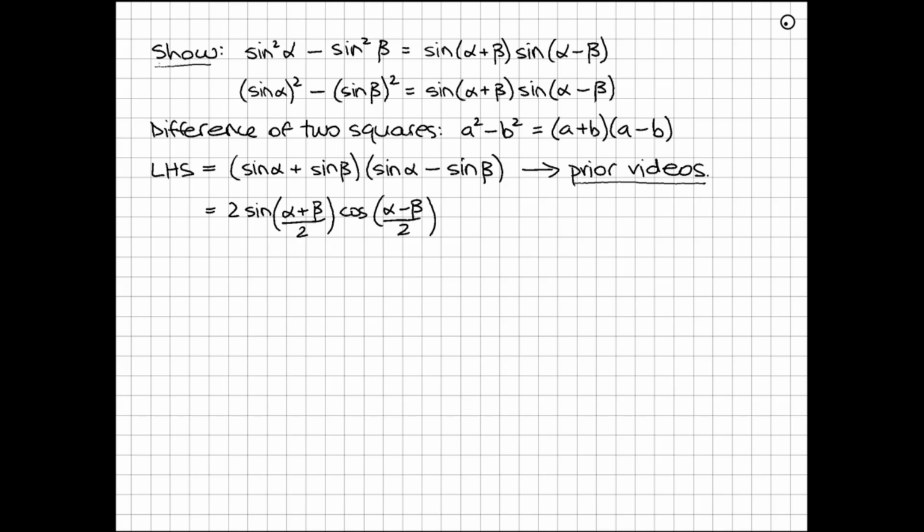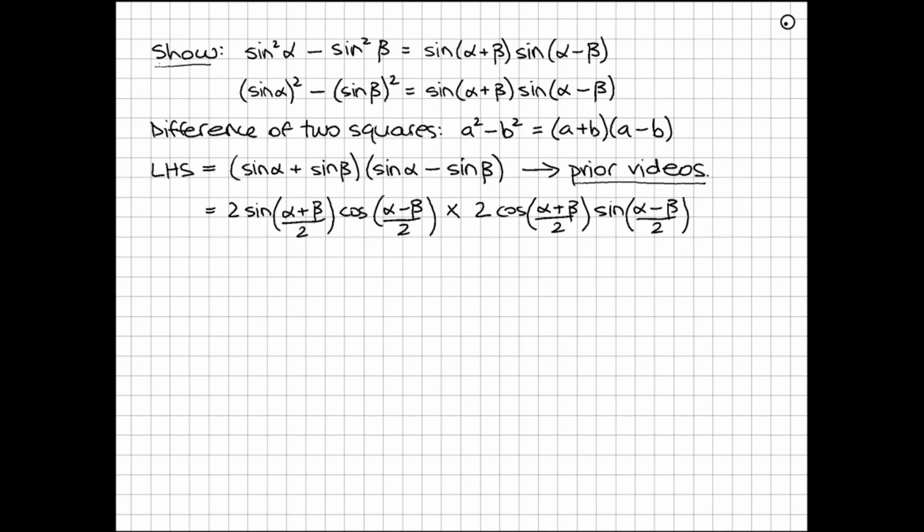That deals with our sine alpha plus sine beta, and that's now being multiplied by sine alpha minus sine beta, which in the prior videos we showed is the same as 2 times the cosine of alpha plus beta on 2 times the sine of alpha minus beta on 2. Those two results come from the prior videos.